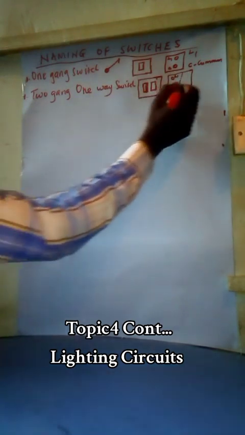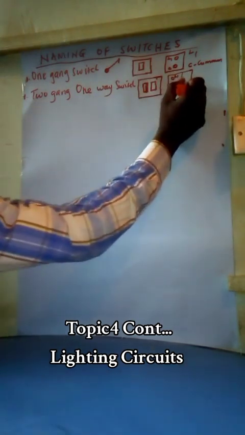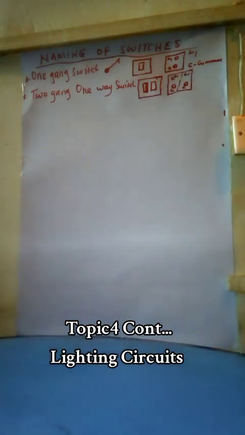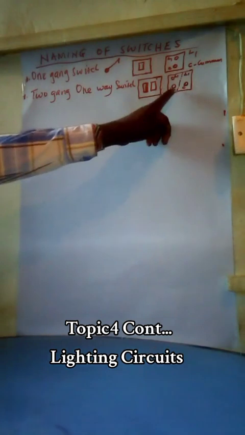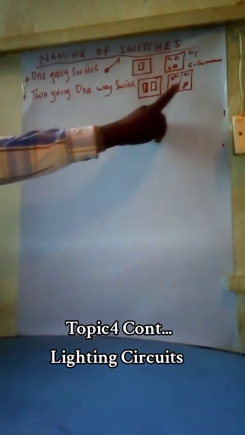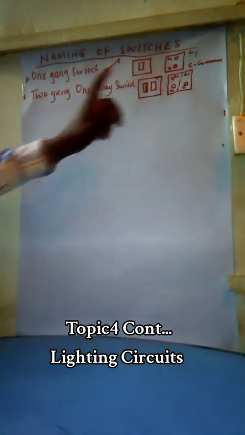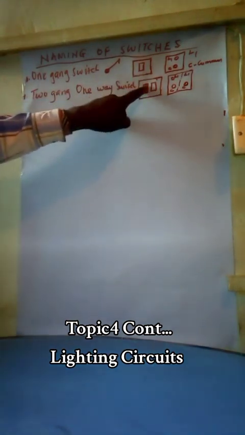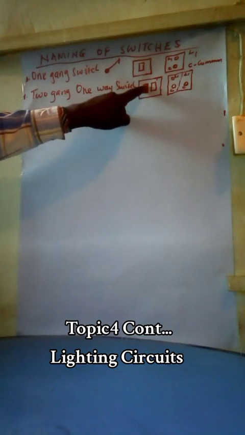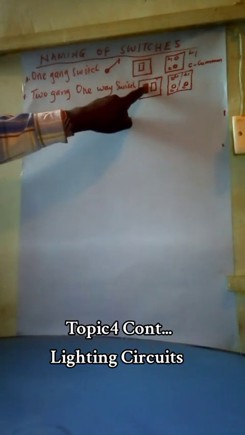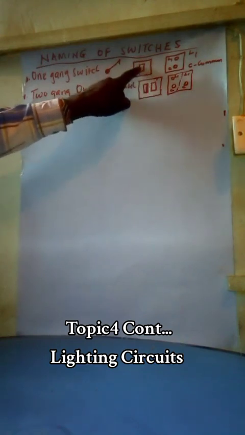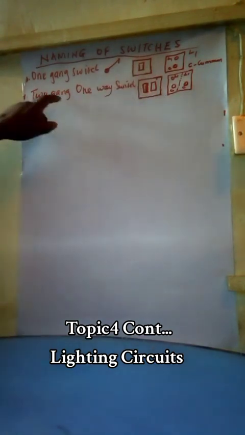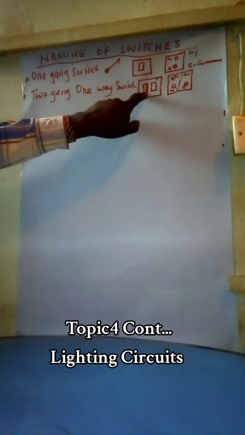Again, on the other side, you'll find common, C, and you'll find L1. So this one is for the first button, this one is for the second button. So it's one gang. It is two gang because this one is one, but now introducing another one, it becomes two. So this type of switch is called two gang, one way switch.